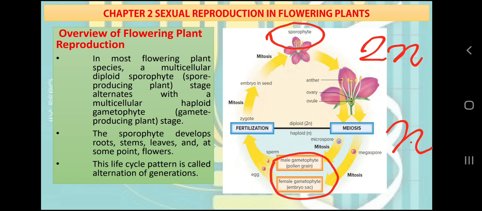But in case of plants, I am talking about Pteridophyta, Bryophyta, Gymnosperms and Angiosperms groups, which are embryophytes.